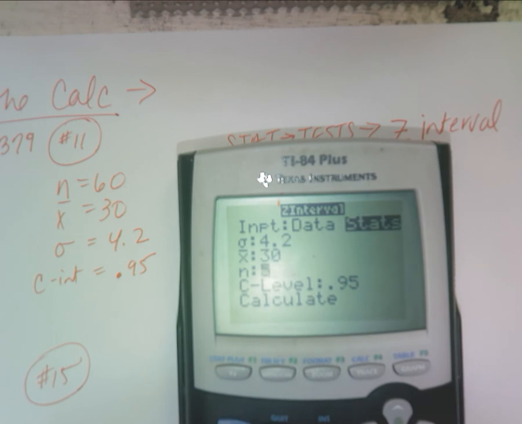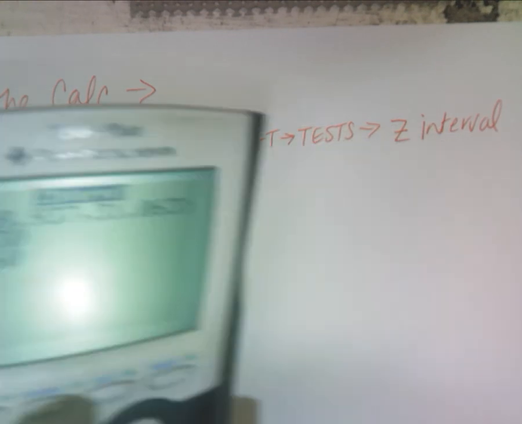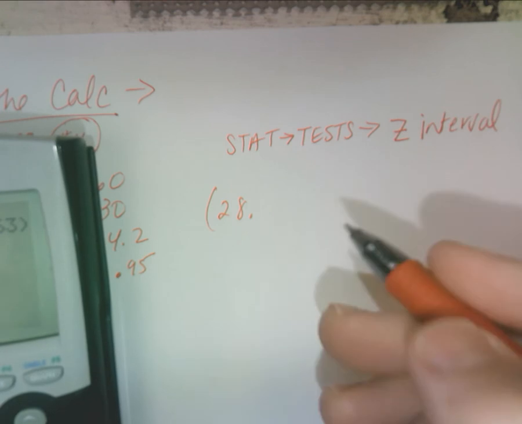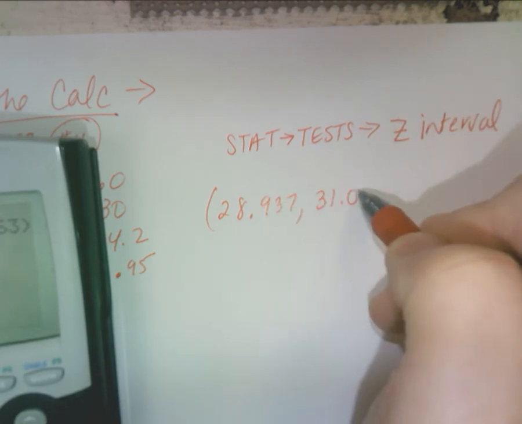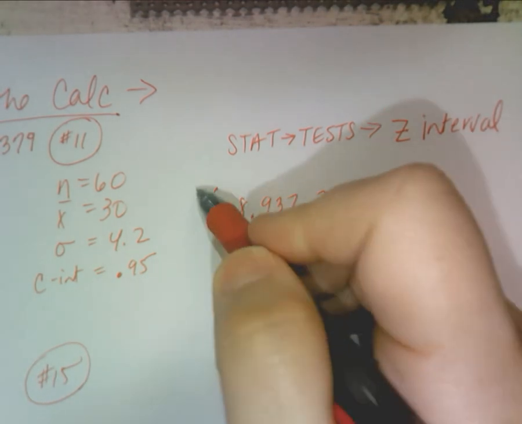What's your N? 60. What's your C level? 0.95. Calculate. You see that little interval up there? That's the answer. It goes from 28.937 to 31.063. That is where the true mean should lie for overweight men.